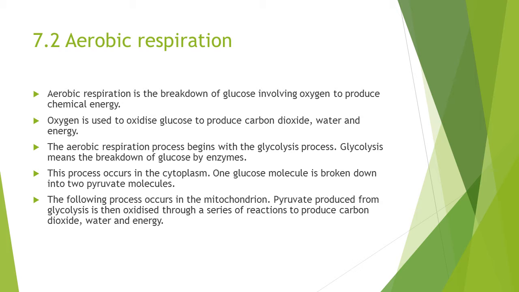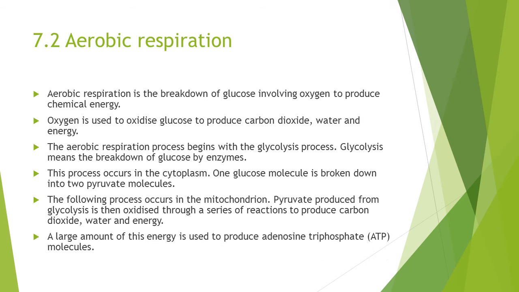In the mitochondrion, pyruvate will be oxidized to produce carbon dioxide, water and energy. A large amount of energy is used to produce adenosine triphosphate, or ATP. So in aerobic respiration we produce a large amount of ATP molecules.